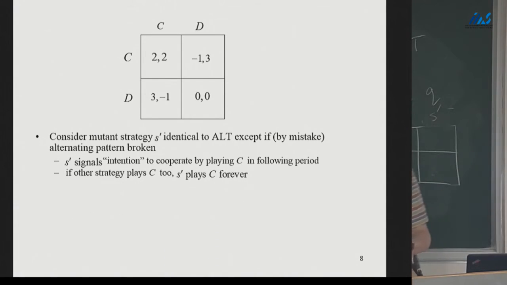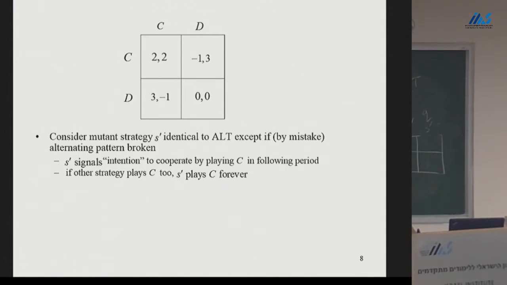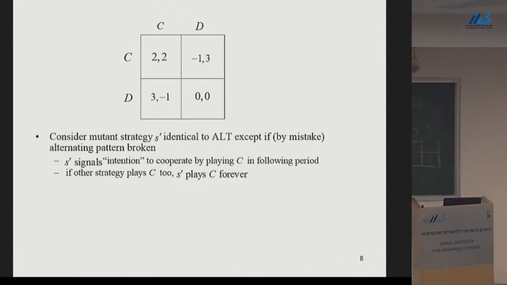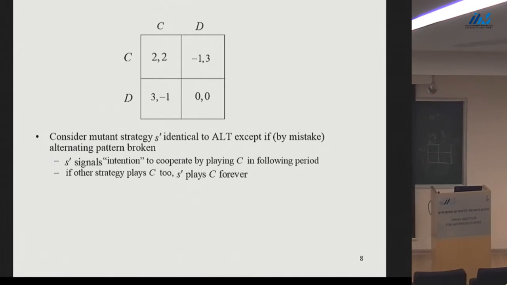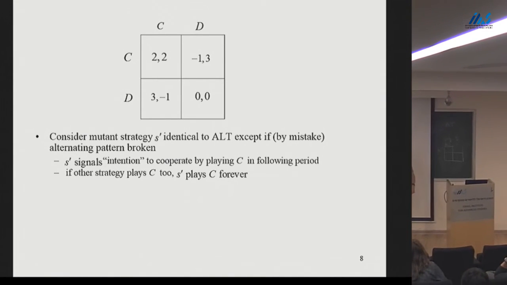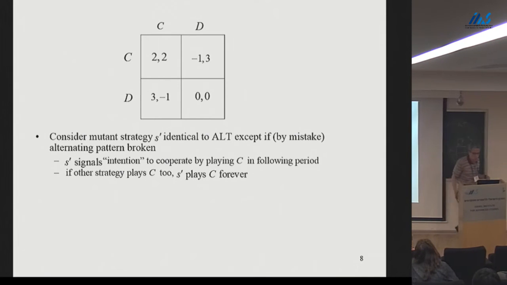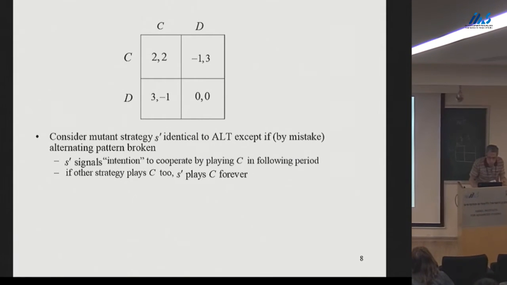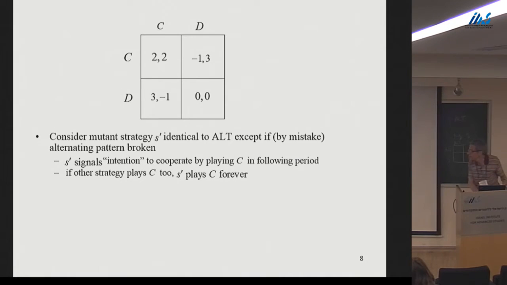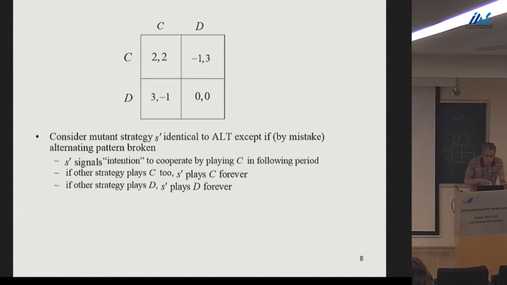Let's suppose that the other player does the same thing and also cooperates in the period after the alternating pattern has broken. Well, then what S prime will do, this is how S prime is defined, is to play C forever after, except in periods where there are mistakes.